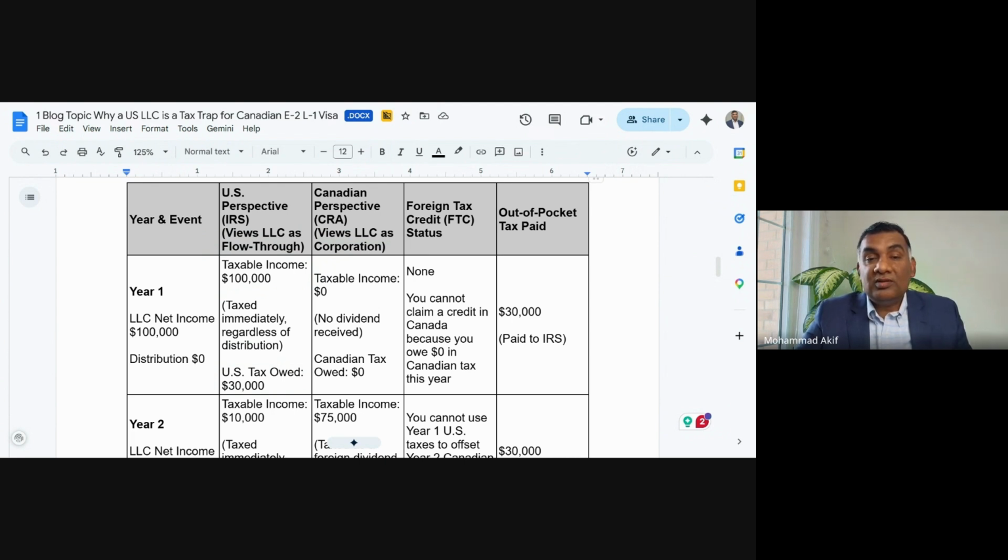So Canada is saying the corporation has earned zero money because it hasn't filed any taxes. No dividend received, and Canadian tax is going to be zero. Because the Canadian tax is zero, there is no FTC, foreign tax credit. You have paid $30,000 in the first year to the IRS.